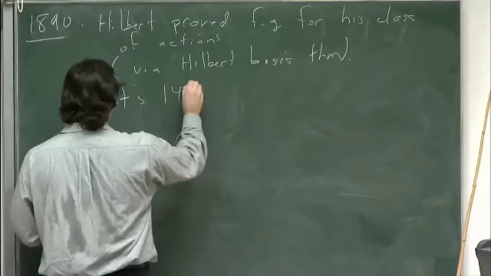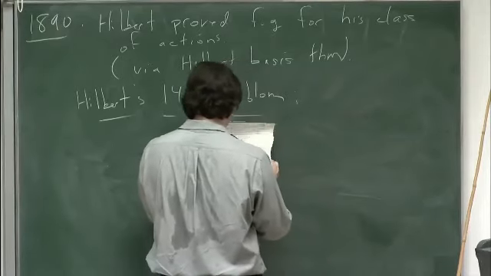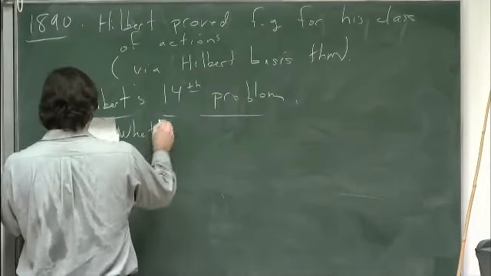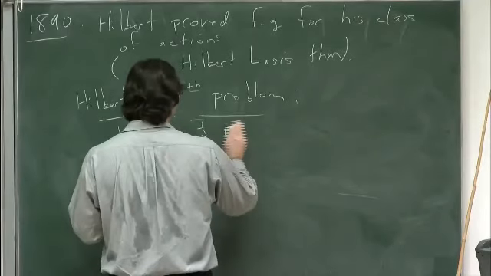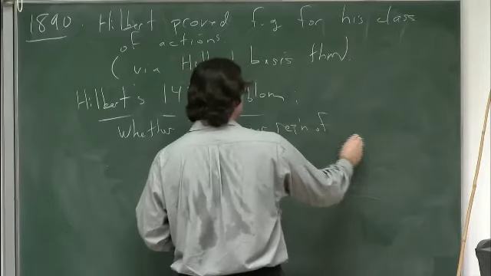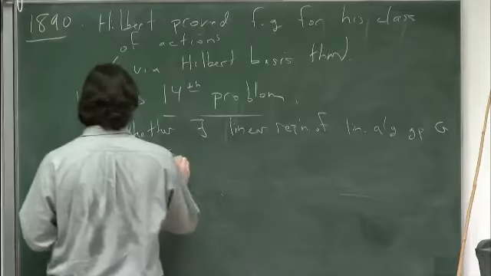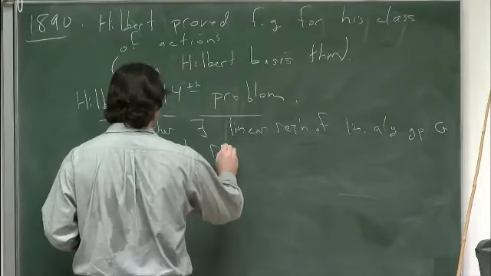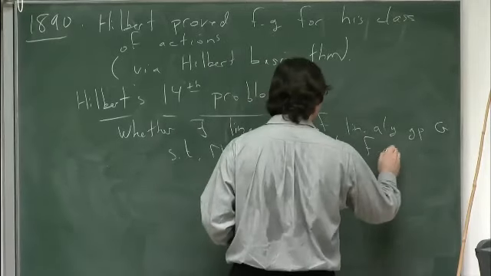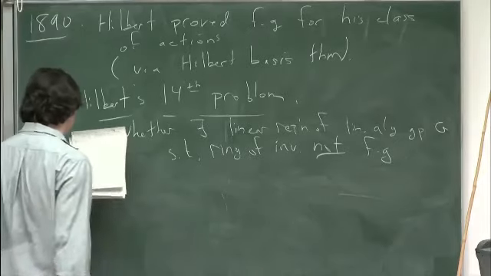So Hilbert's 14th problem is basically the statement that, let's make it more precise, it asks whether there exists a group action, say a linear representation of a algebraic, say linear algebraic group G, such that the ring of invariants is not finitely generated. He thought they all would be. It was just a matter of being clever enough. At least that's historian's impression.